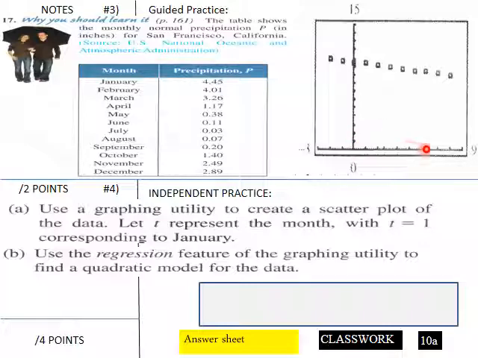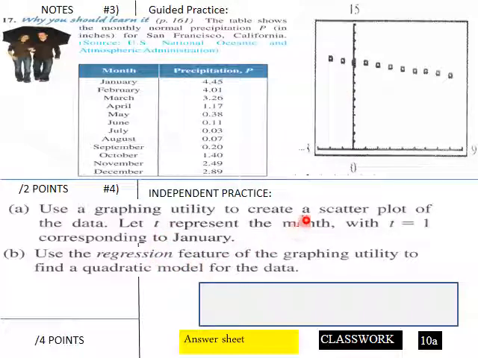January would be 1 and it would go this way, but it looks like if this is the y-axis, it started over here at -2. The table shows the monthly normal precipitation for San Francisco. Well, I don't really understand that, unless there's a random axis in here. 0 and 15, it's just kind of a random axes here, evidently.